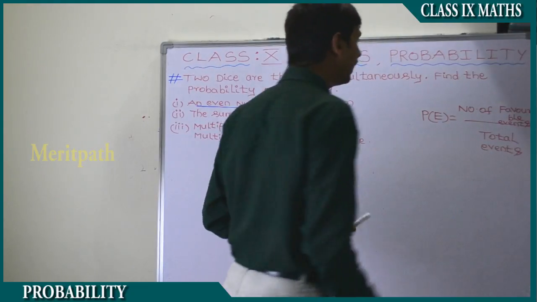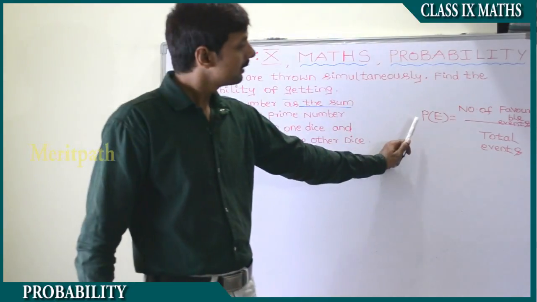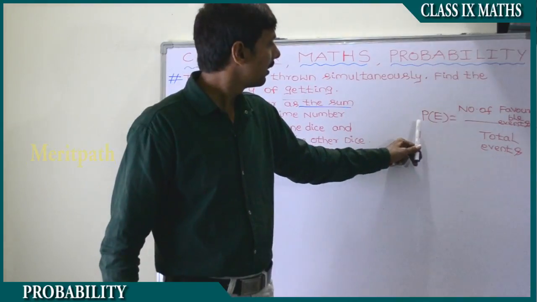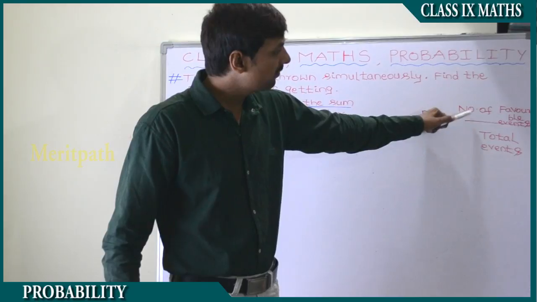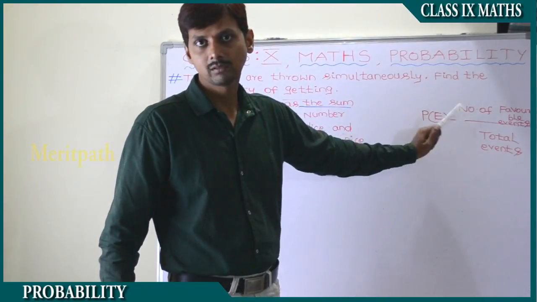We use this formula to find the probability. P of E is the probability of an event, which is the number of favorable events divided by the total number of events.